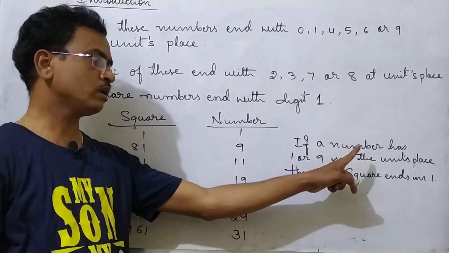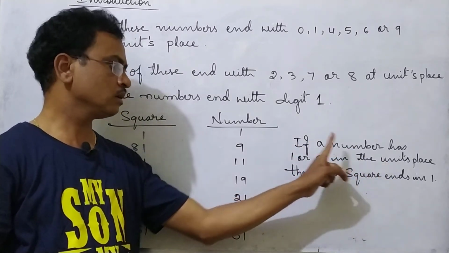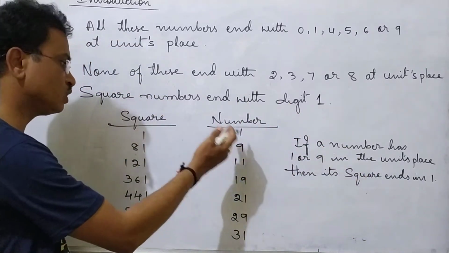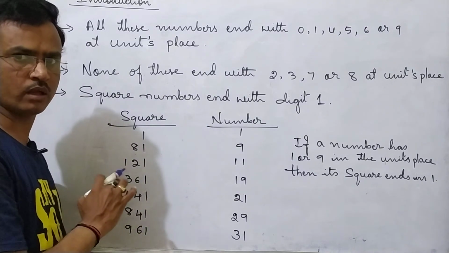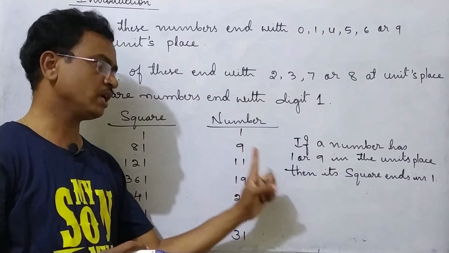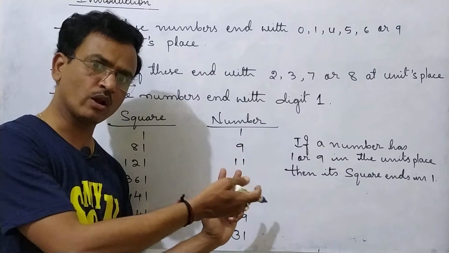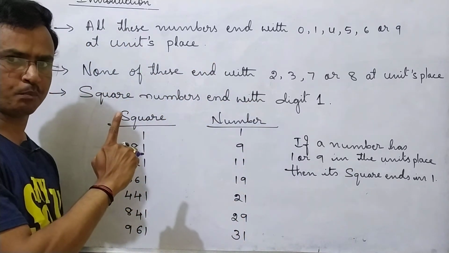If a number has 1 or 9 in the units place, then its square ends in 1. So if a number has 1 or 9 in the units place, the square of that number ends with 1.